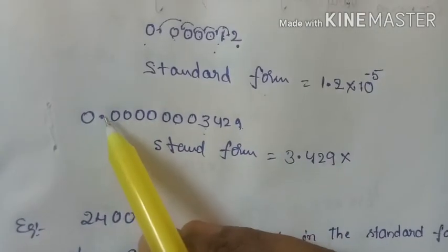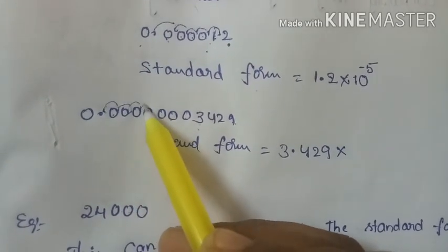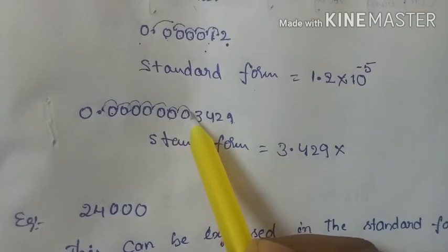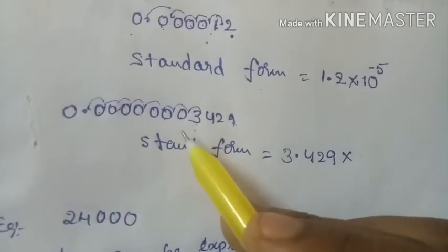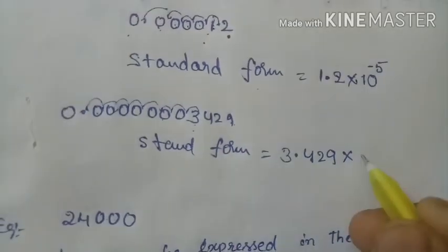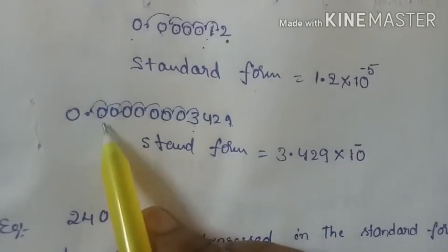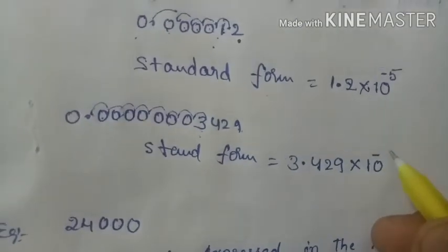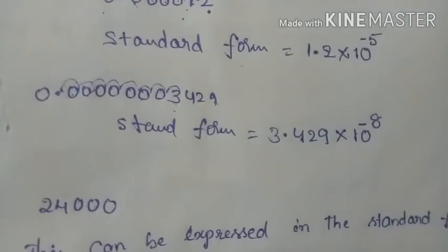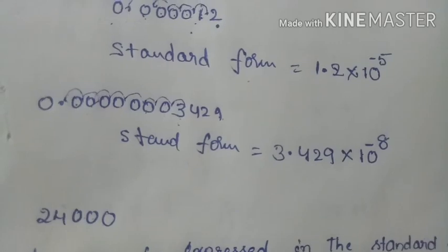Now we should count it. How many jumps? 1, 2, 3, 4, 5, 6, 7, 8 jumps. So it is a smaller number, a very small number. So that's why we should keep negative. And how many jumps did you get here? 1, 2, 3, 4, 5, 6, 7, 8. So 10 to the power of minus 8. So it is our standard form of small numbers. Clear?